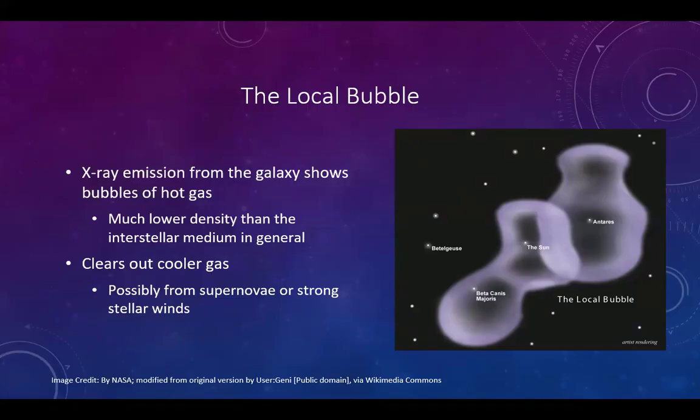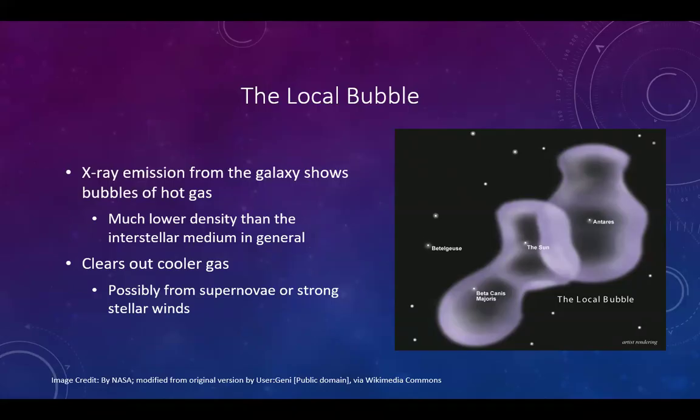We live in what's called the local bubble. Turns out the region around the sun and a couple of nearby stars is hotter than usual. So if we look at X-ray emission from the galaxy, we see bubbles of hot gas, which have a much lower density than the general interstellar medium.